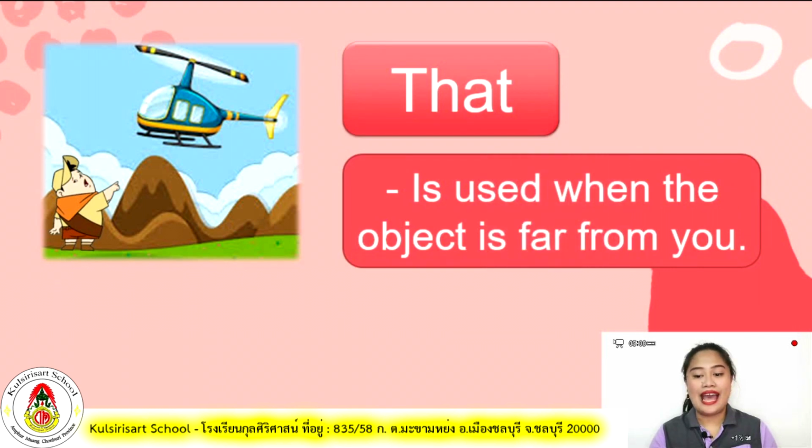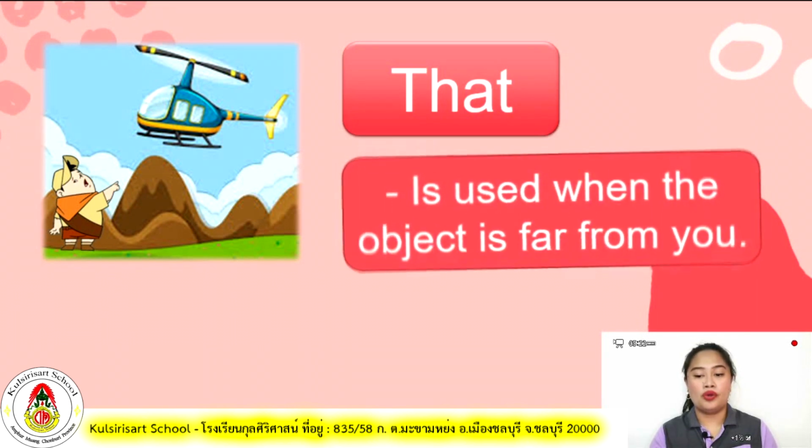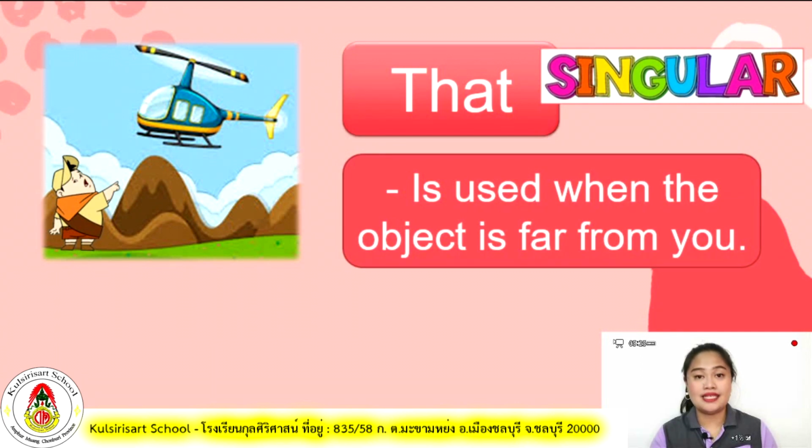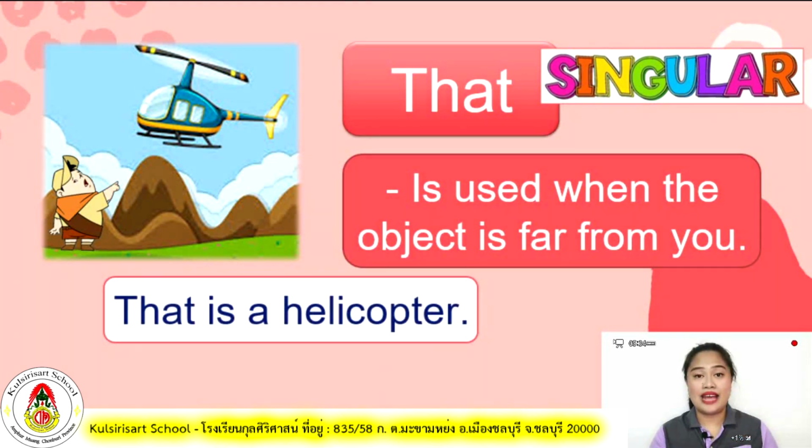That is used when the object is far from you. Again, that is used when the object is far from you. Remember, we will use that if it is singular, which means only one. Now let's read the sentence. That is a helicopter. That is a helicopter. Now your turn.